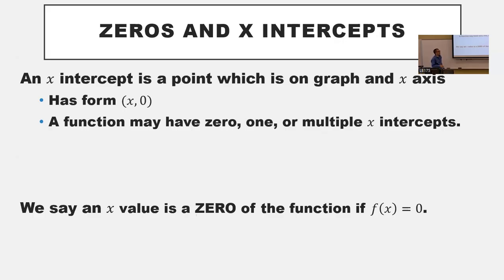Now, I don't think I've mentioned this yet. Maybe I have. I can't remember. When we talk about x-intercepts, x-intercepts are those points which have the form x comma 0, right? If I have a function, that means if you input the x value, you get out 0.